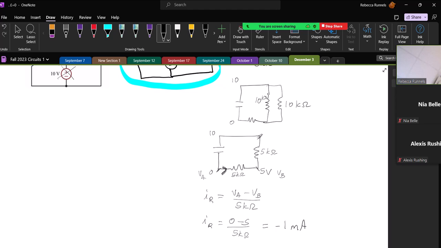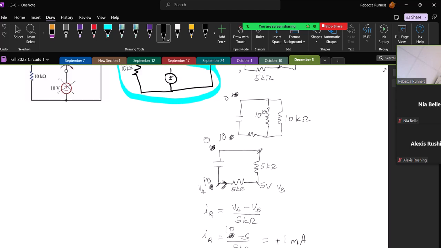I feel like I got positive 1 last time. Let's see. That's because I got these backwards. This was 10 and this was 0. It doesn't change that this is 5, but it does change this to be 10. So 10 minus 5, so this becomes plus 1 milliamp.